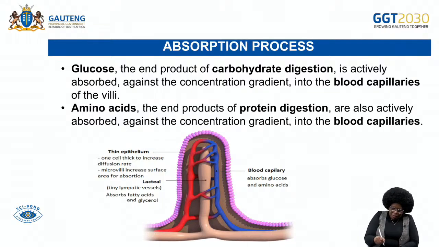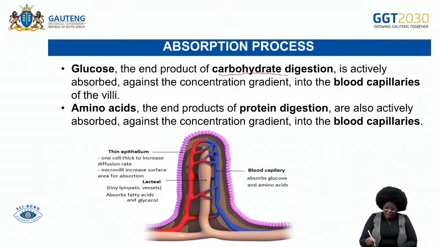Then, glucose, the end product of carbohydrate digestion, is actively absorbed against the concentration gradient into the blood capillaries. Amino acids, the product of protein digestion, are also actively absorbed against the concentration gradient into the blood capillaries.